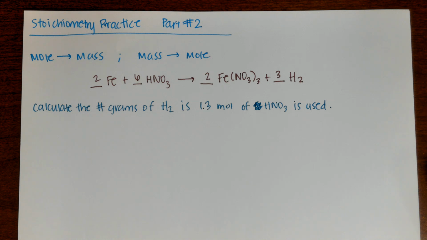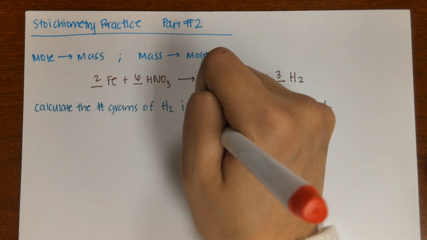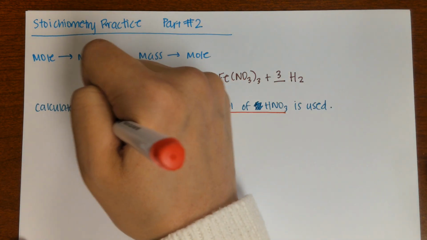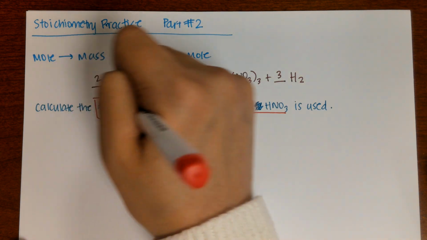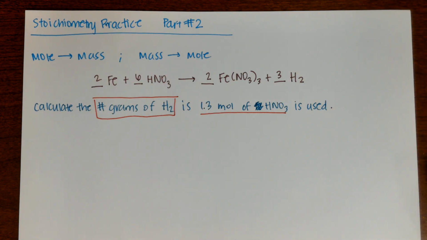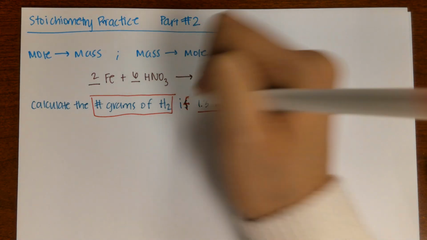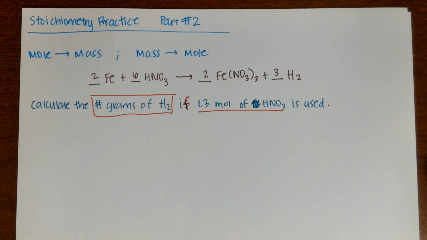Okay, so same strategy from the mole ratio conversions. I prefer highlighting or underlining what you need to start with and then boxing what you need to end up with. So there are some questions like, calculate the number of grams of H2 if 1.3 moles of HNO3 is used with iron.